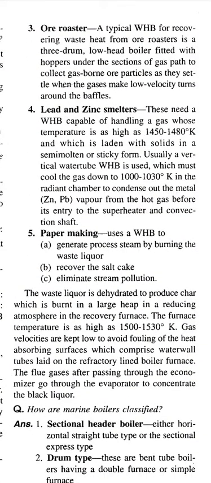These need a waste heat boiler capable of handling a gas whose temperature is as high as 1450 to 1480 Kelvin and which is laden with solids in a semi-molten or sticky form. Usually, a vertical water tube waste heat boiler is used, which must cool the gas down to 1000 to 1030 Kelvin in the radiant chamber to condense out the metal, zinc and Pb vapor from the hot gas before its entry to the superheater and convection shaft.